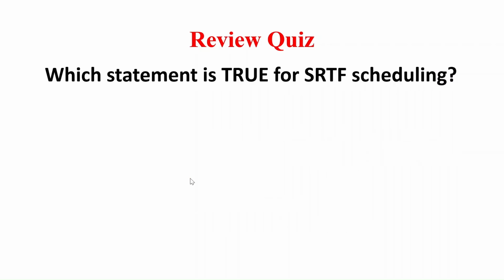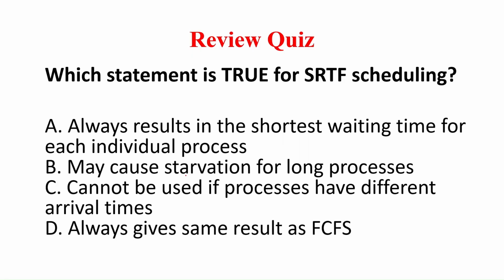Next question: which statement is true for shortest remaining time scheduling? Option A: always results in the shortest wait time for each individual process. Option B: may cause starvation for long processes. Option C: cannot be used if processes have different arrival times. Option D: always gives the same result as FCFS.